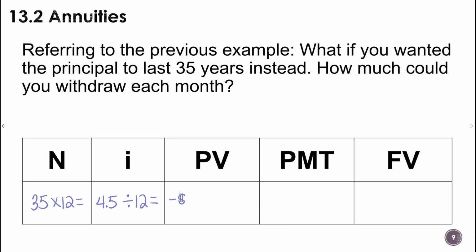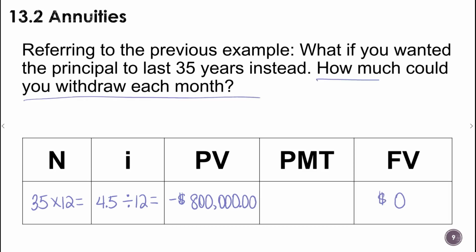We still have our $800,000 in the bank. And then we want to see how much we can withdraw each month, right? How much could you take out each month for this particular amount of money?